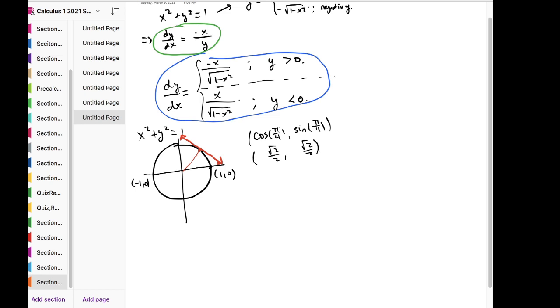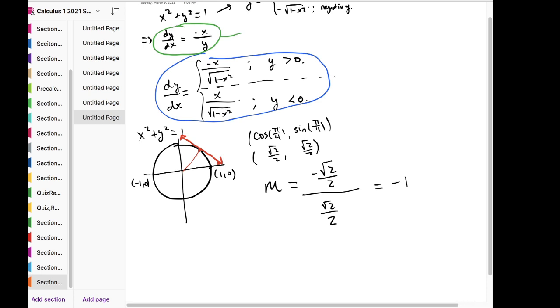What is the slope of the tangent line at this point? Yeah, -1. So square root 2 over 2 is the x, and square root 2 over 2 is the y. So that makes -1. This is using this one.